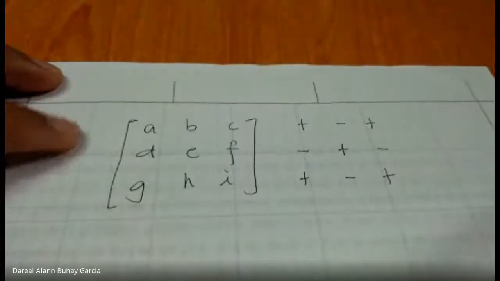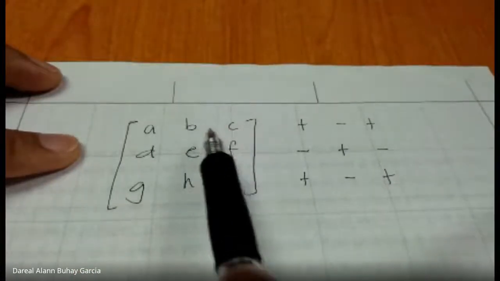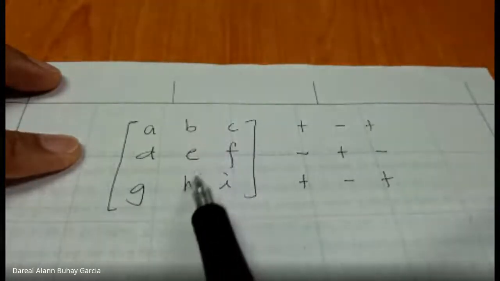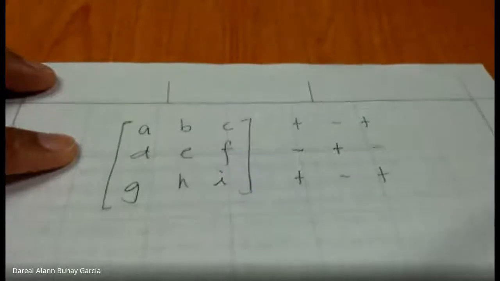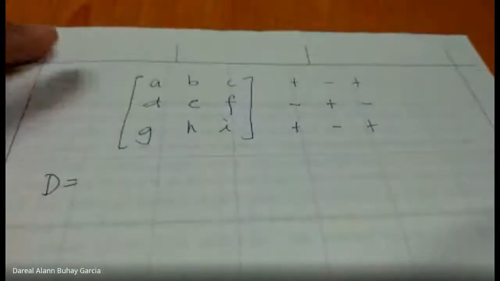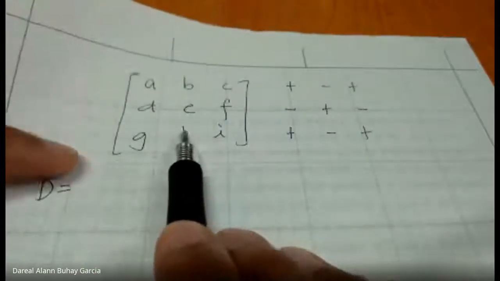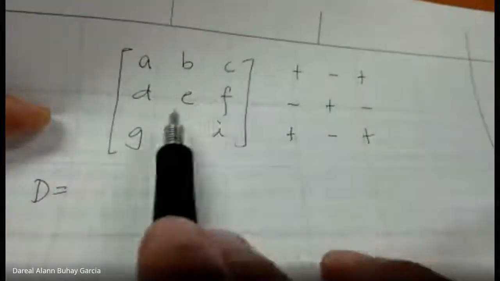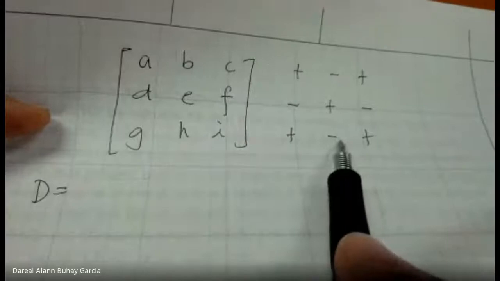Now, let's just say akong gipili is si BEH. Okay? So the determinant would be those 3 multiplied by its submatrices. Ang mga signs based sa pattern: si B is negative, si E is positive, si H is negative.